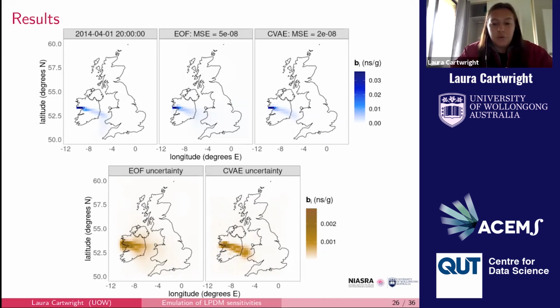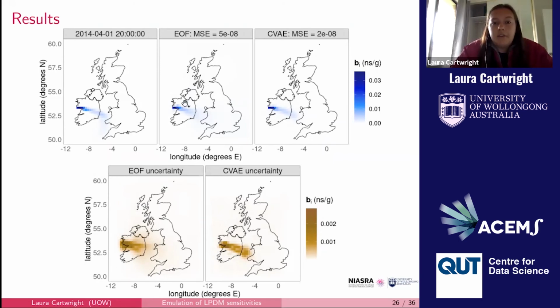And then I drew 100 samples from each of those distributions, and for each of those sets of features, I then constructed the plume and rotated it back. So then I had 100 plumes back on the original space, and then I took the mean over the grid cells and also the standard deviation to get these uncertainty plumes down here.